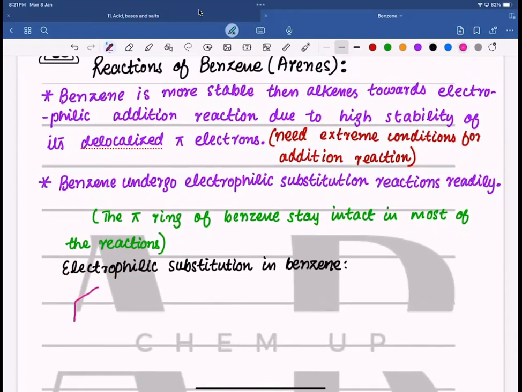So we know that it is a hexagonal ring, and there is a circle inside which shows the pi system, and its formula is C6H6, right?